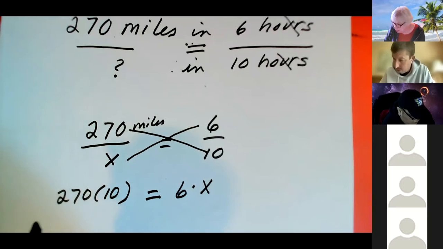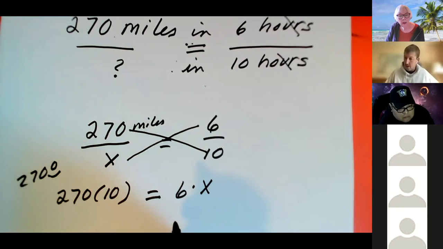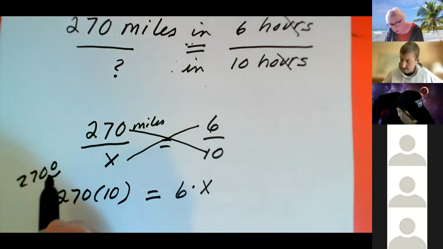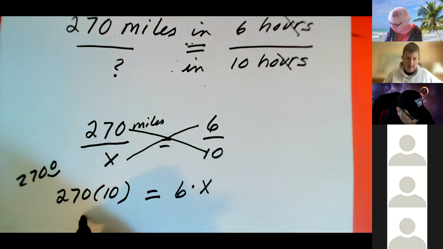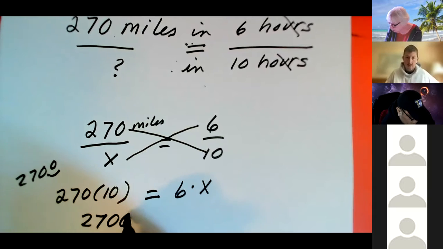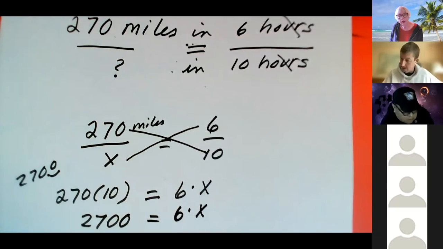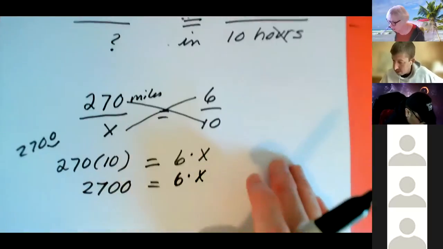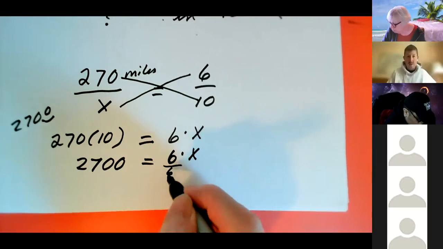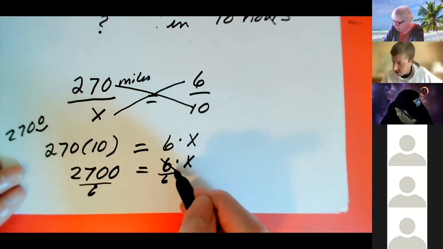So 270, the decimal is here, multiplying by 10 is 1 decimal place. So that's 2700 equals 6X. It gets easier as you go down the road. So at this point, all we would have to do is divide by 6. Okay.